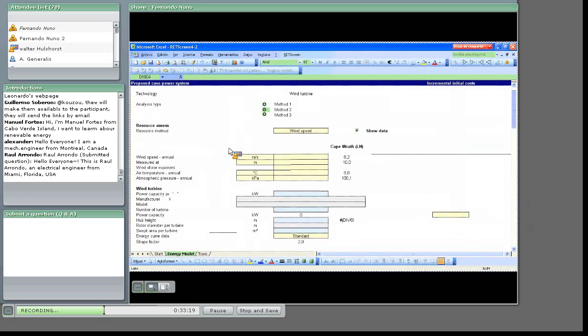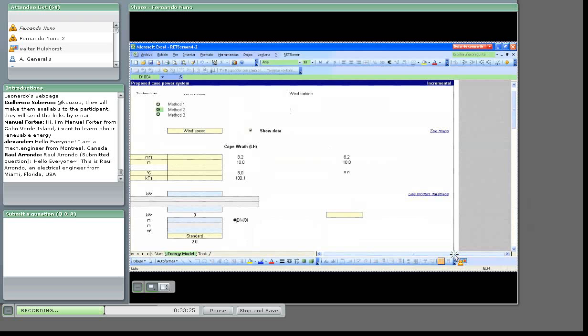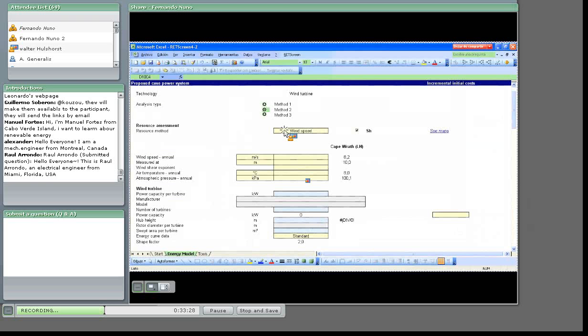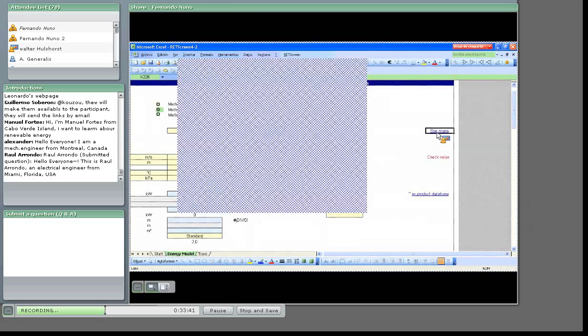If we choose method 2, then in this case we have to choose whether we are specifying wind speed. Then in this case we have the possibility to see maps.